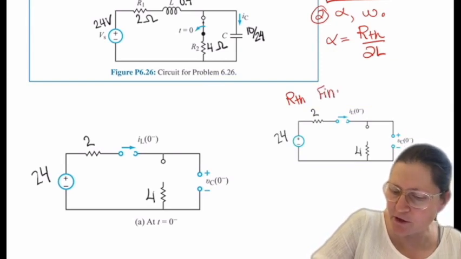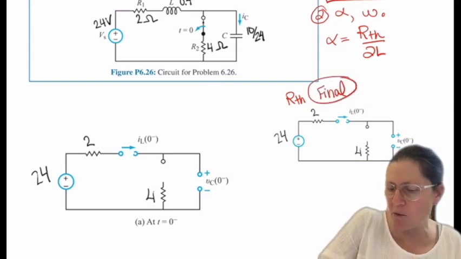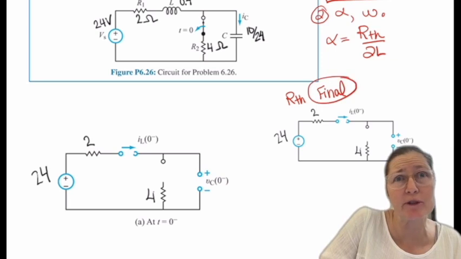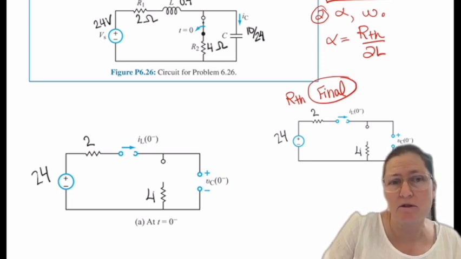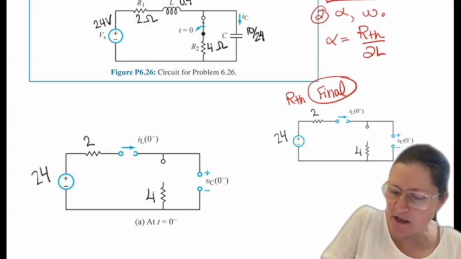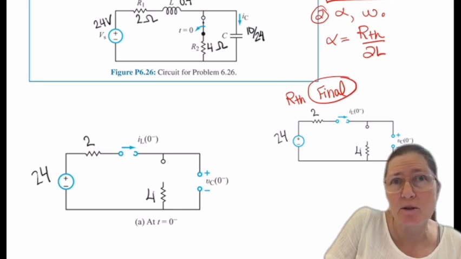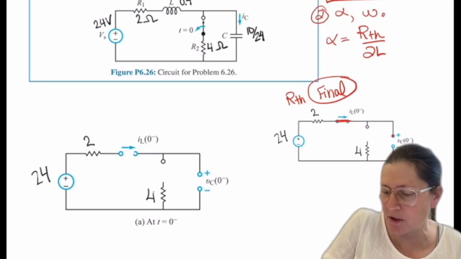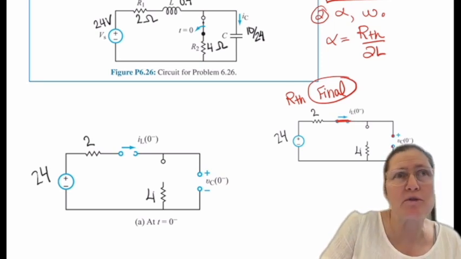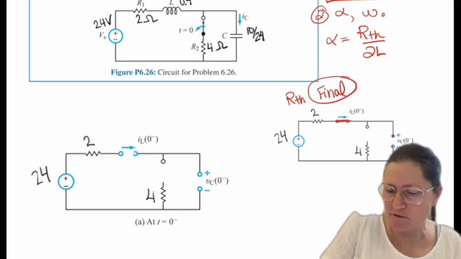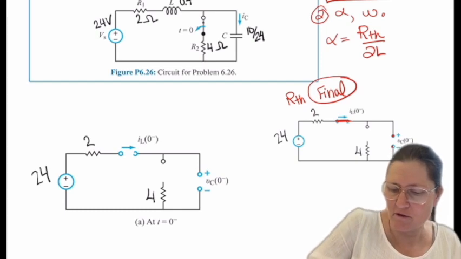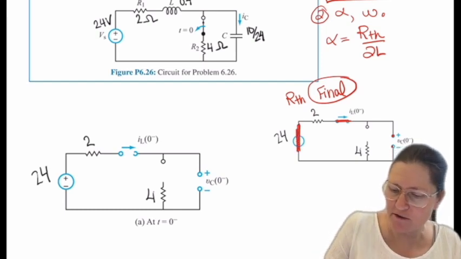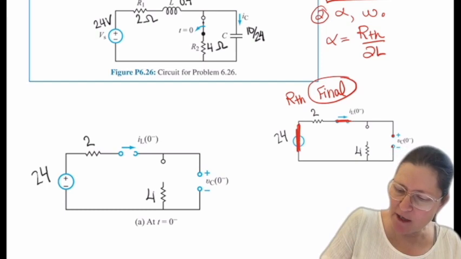So the final circuit will look like what? What is going on with the switch in the final circuit? Open, correct. And the inductor will be a short wire, correct. And then this will be an open. And what do we do with the voltage source for RTH? We treat it as a short. Correct. So short it, and this will be ignored.